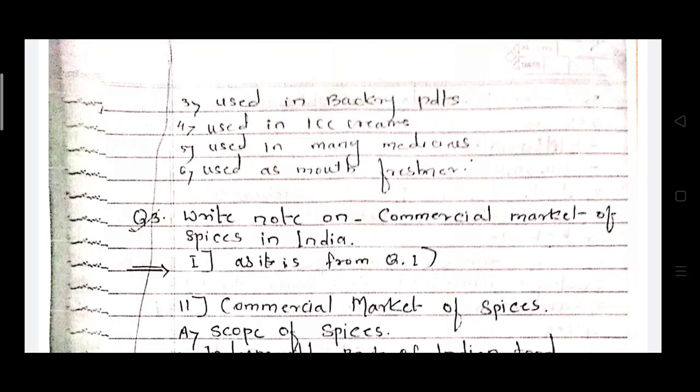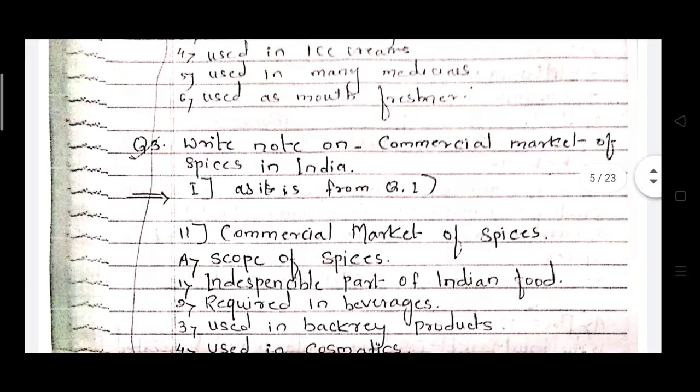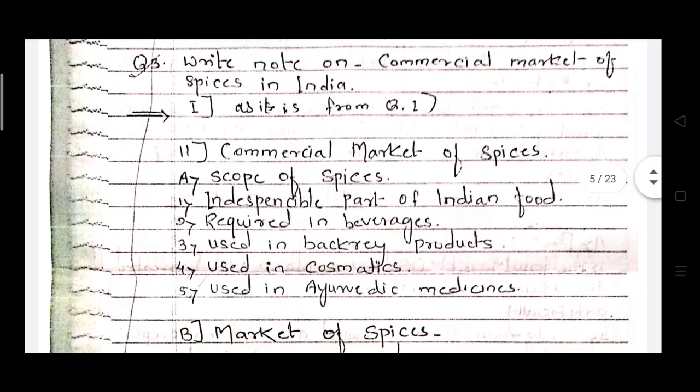The next aspect of your syllabus is the commercial market of spices in India. As you know, from old days, foreigners and different countries were attracted towards India due to the high diversity of spices and condiments. The scope of spices is as an indispensable part of Indian food.